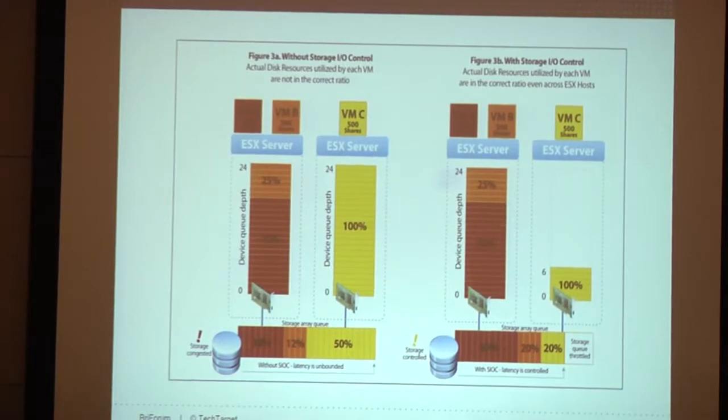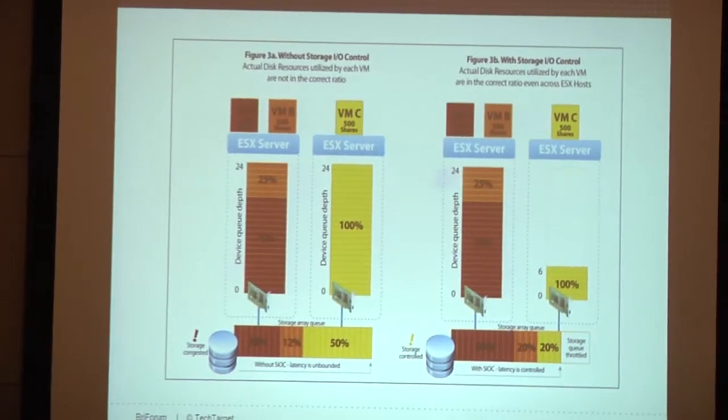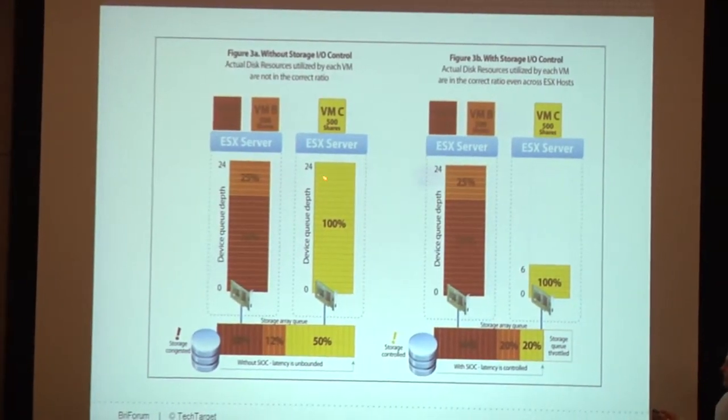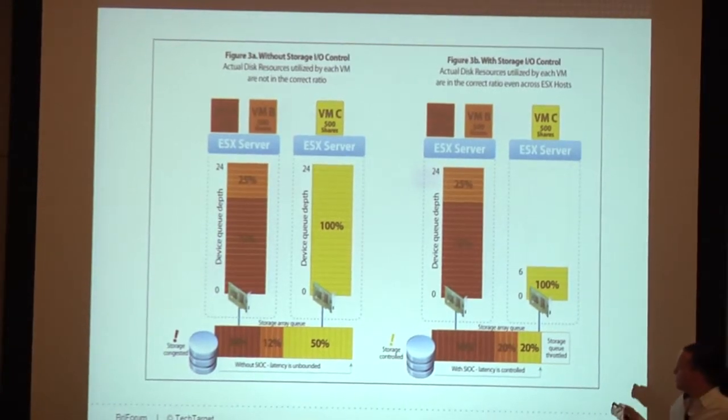Anyway, back to storage I/O control. So effectively what's happening is that without any quality of service, you've got queue depth per host, and that's shared between your VMs, and then as it comes out to the storage, the storage has no way to say this or that I/O has priority over another one.